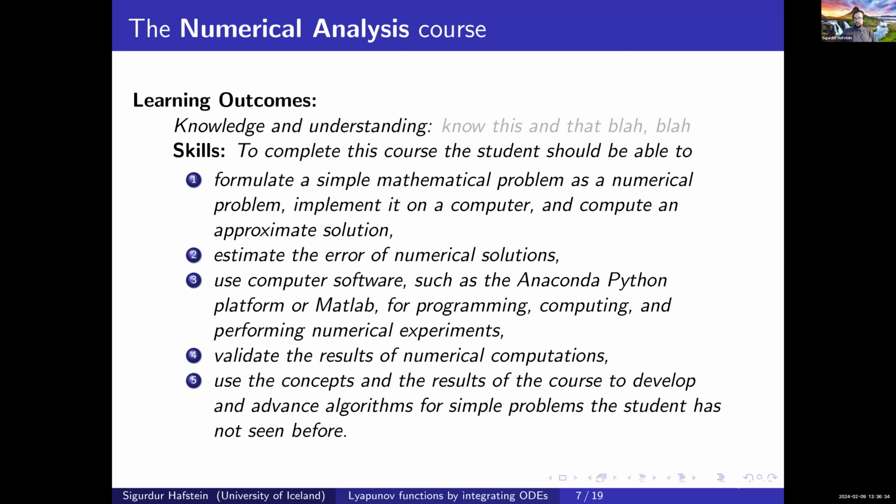Estimate the error of the numerical solution, use some computer software like Anaconda, Python, or MATLAB for programming, computing, and performing some numerical experiments. And also to validate the results of the numerical computations. That's very important. And then also to use the concepts and the results of the course to develop advanced algorithms for simple problems the student has not seen before. So actually to have understood really what we did.